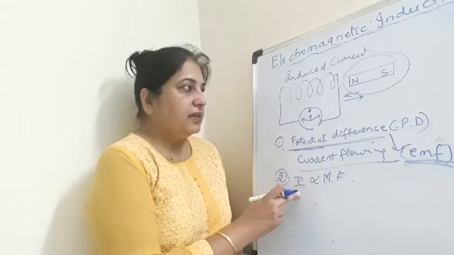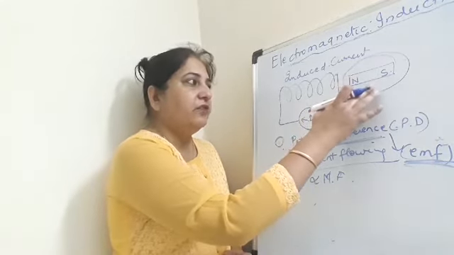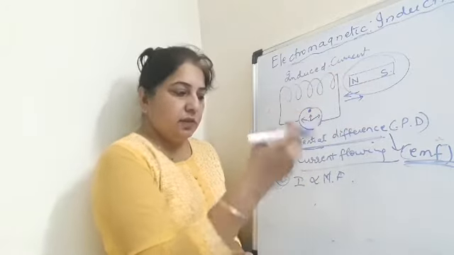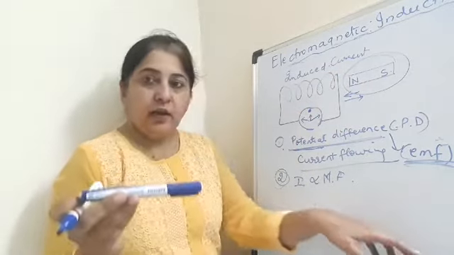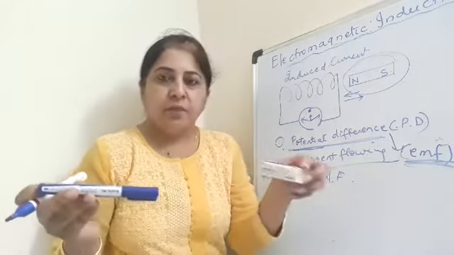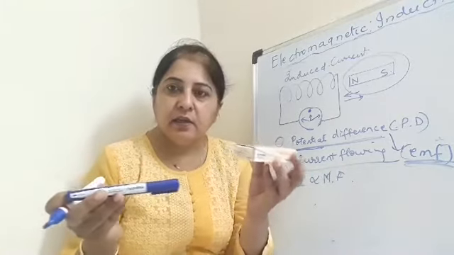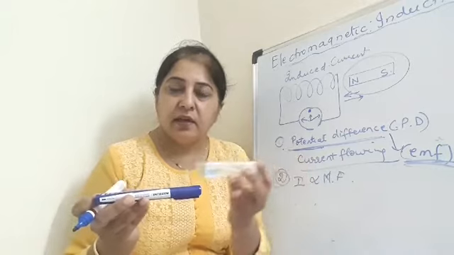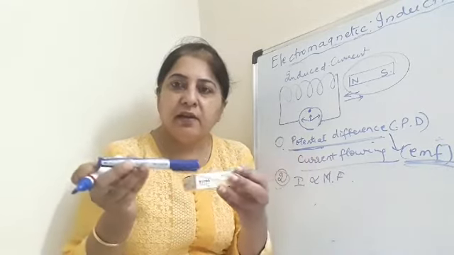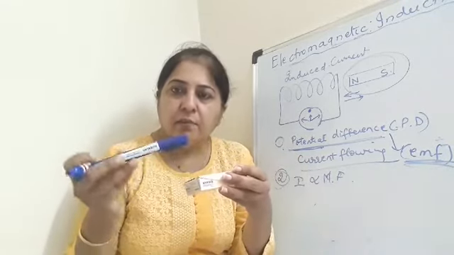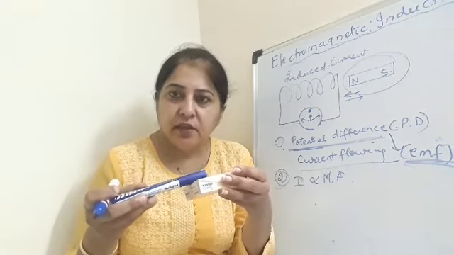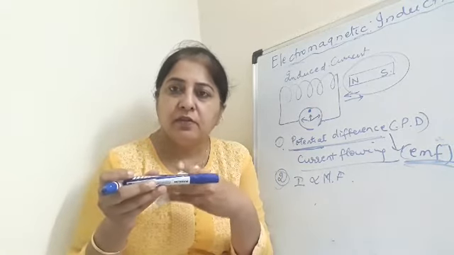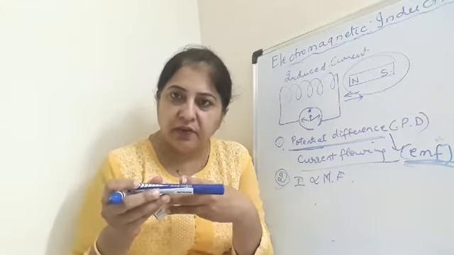If this is a coil and we are bringing the bar magnet inside, outside, inside, outside, the magnetic field intensity definitely changes, and because of this changing intensity, the current flowing in the coil also gets affected.